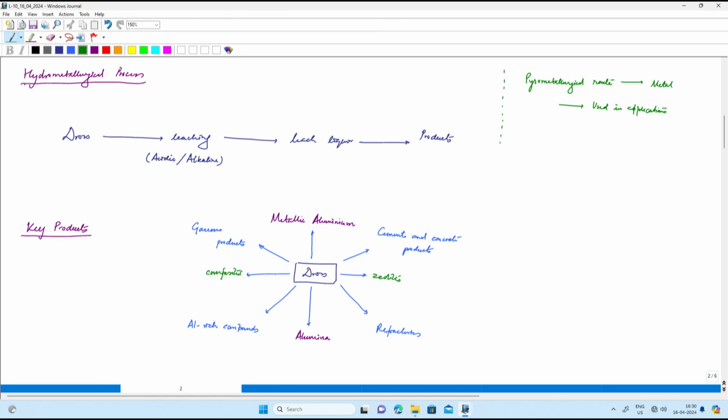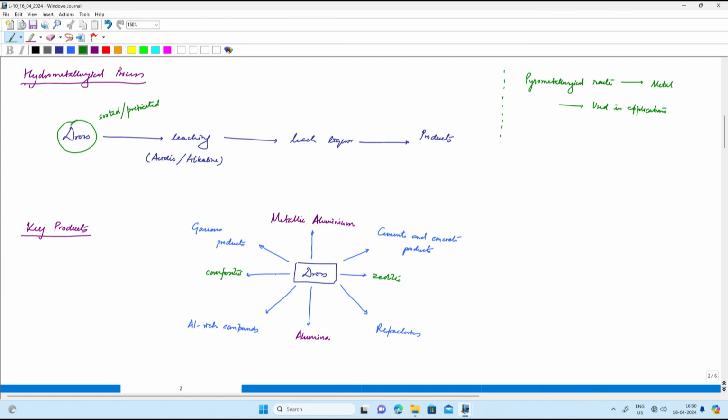But the hydrometallurgical route basically takes aluminium dross, and again we are assuming that this dross is sorted, which means classified, characterized and pre-treated.